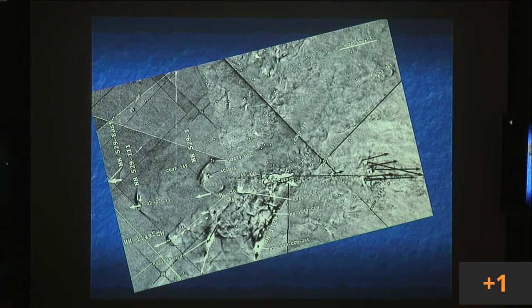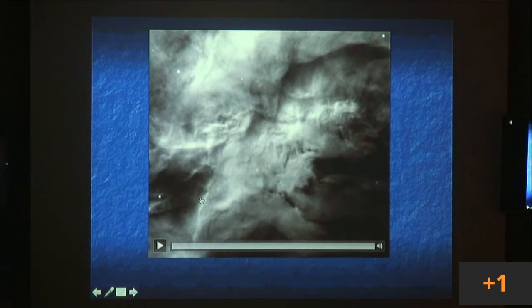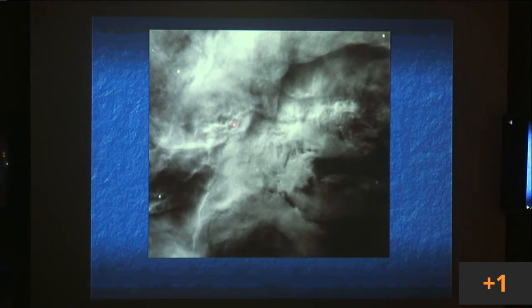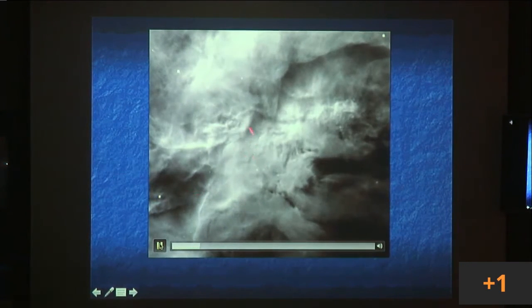This is summarized in a movie I show here. Watch in particular on the first pass through this squiggly feature here. This is down close to the edge of the Orion South regions. So watch the jet there.